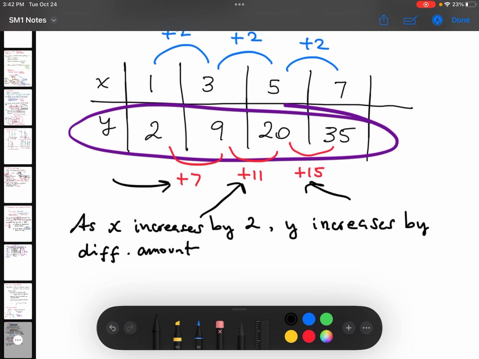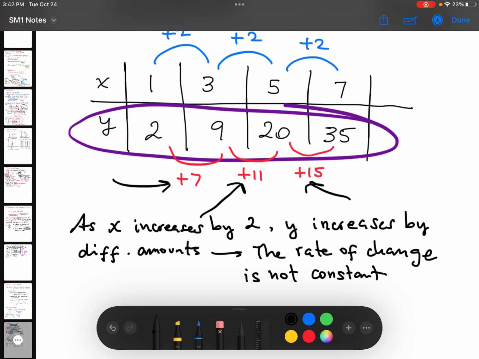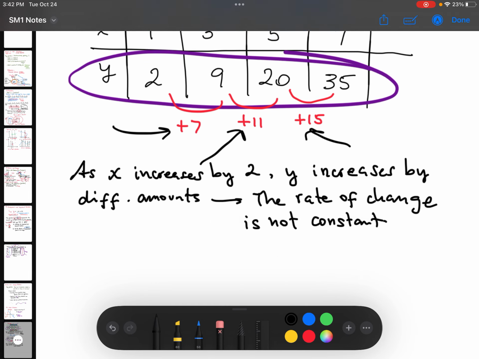And that is what makes us conclude that the rate of change, and sorry for my writing, guys, beforehand, because I know it's terrible, the rate of change is not constant. And when that happens, you conclude that the function is not linear. All right?